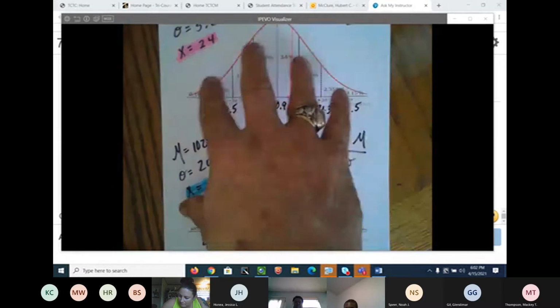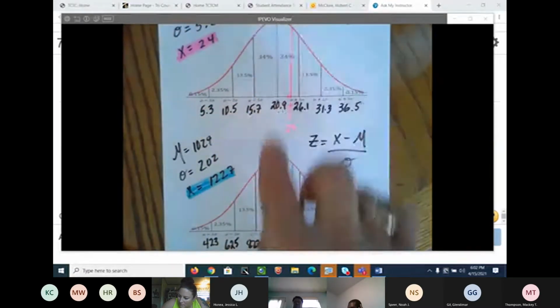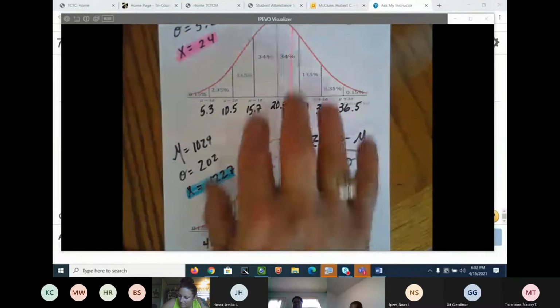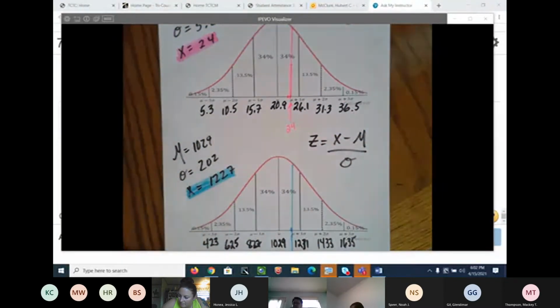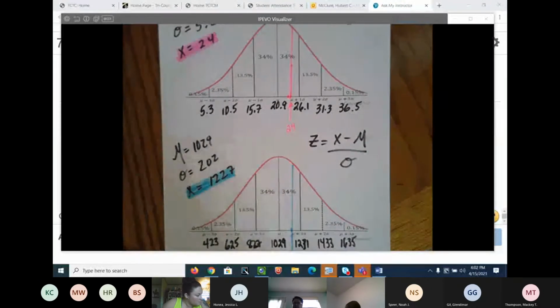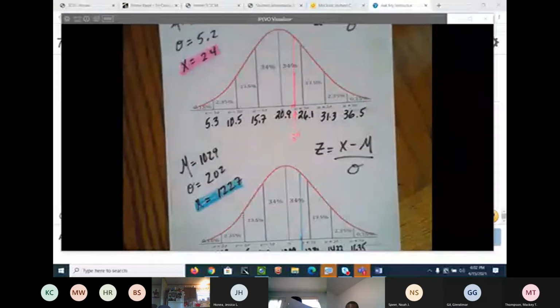Now, this you don't have to do, okay? I want everybody to know this. You don't have to draw these two separate. I'm just drawing this to show you why we've got to change it to a z-score. I want everybody to understand that. Okay, so here is our z-score graph.